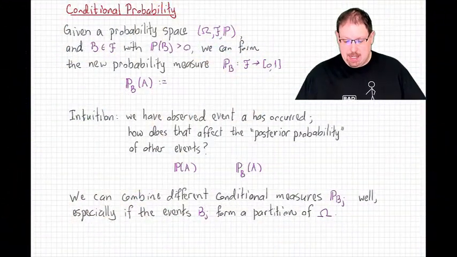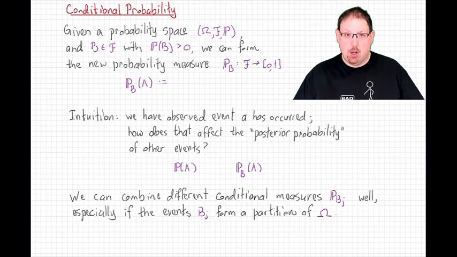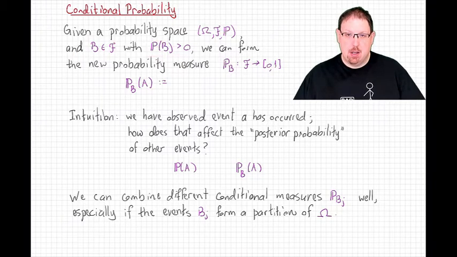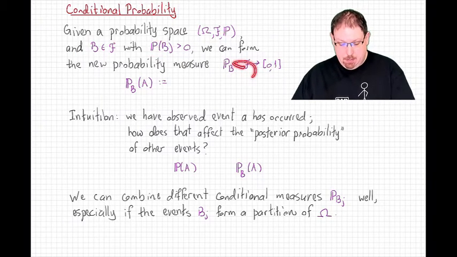I'm going to take an approach to conditional probability founded in my analytical thinking, and I hope that it will appeal to you too. We've already seen the basic notion of conditional probability on an early homework problem in this course. Given a probability space and an event B with strictly positive probability, we can use it to form a new probability measure on the same sigma field.